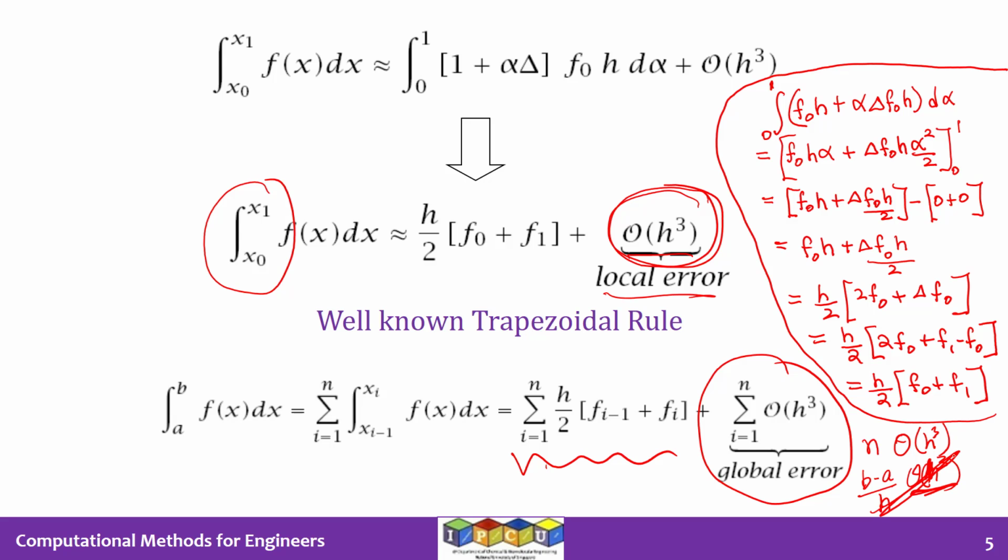So this is going to be b minus a multiplied by something of the order of h squared. So when you add up all the local errors, the global error will be of the order of h squared, which is worse than the local error because the local error is of the order of h cube. And you can understand, globally the errors will all add up and then you will get an overall error of the order of h squared.